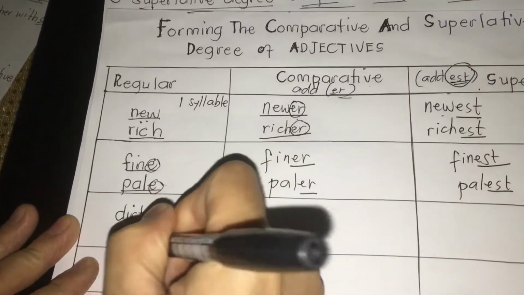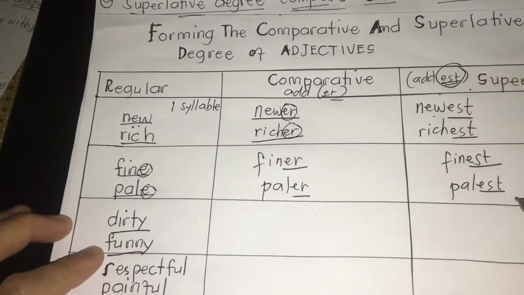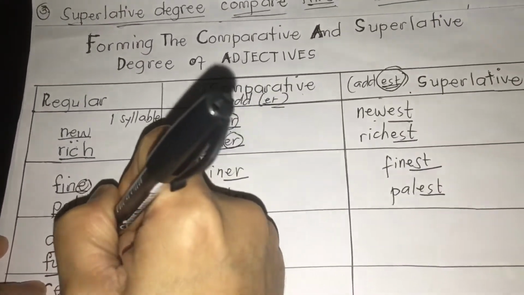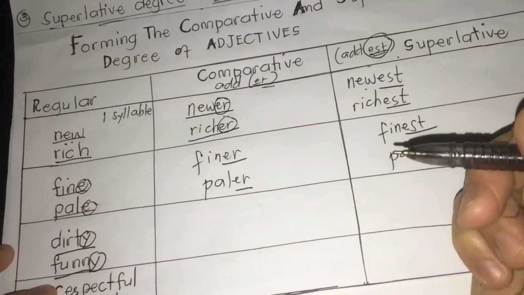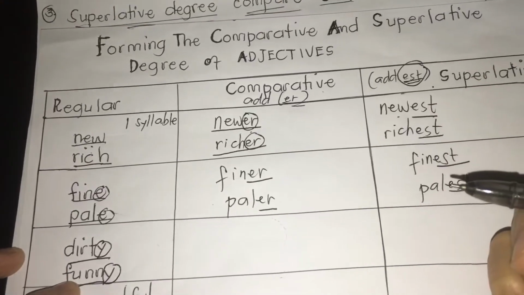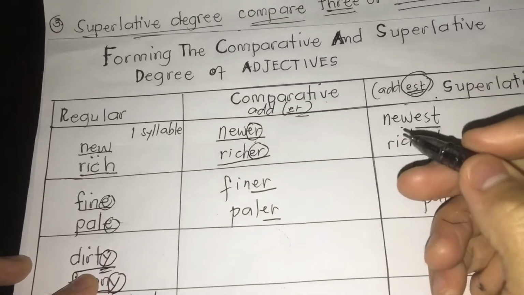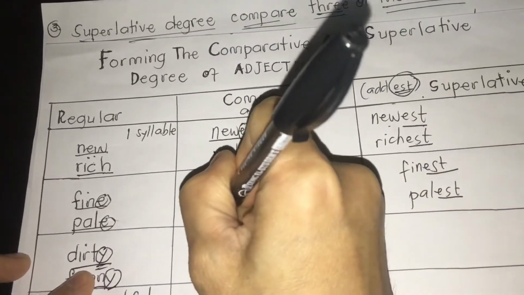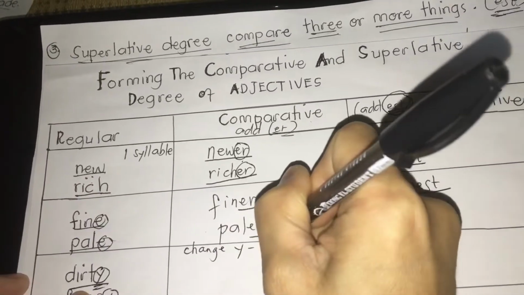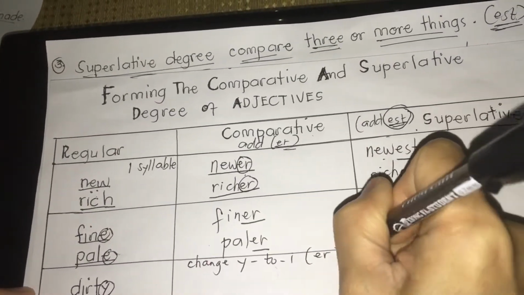Next is dirty and funny. The words dirty and funny are adjectives in the positive degree. But remember, dirty and funny end with y. What happens here if it ends with y? So class, remember it, if it ends in y, you change y to i and add, of course, er.